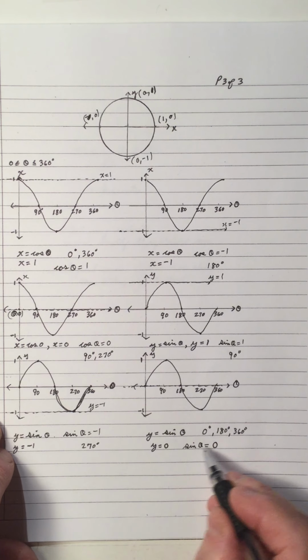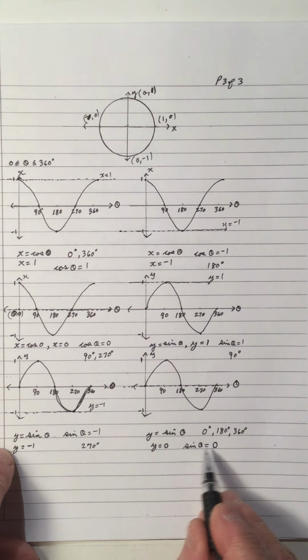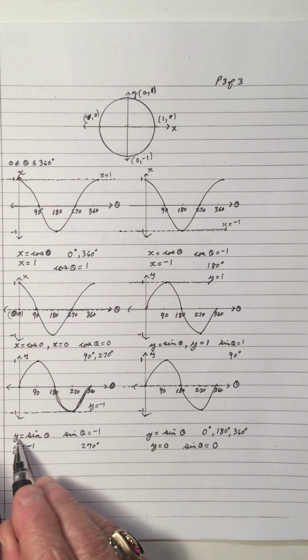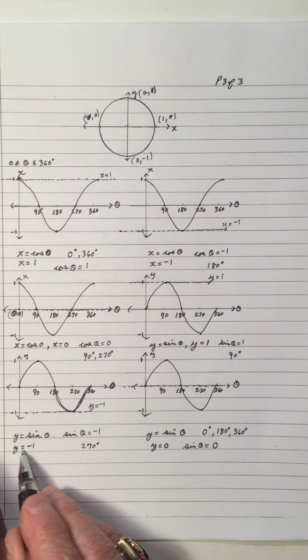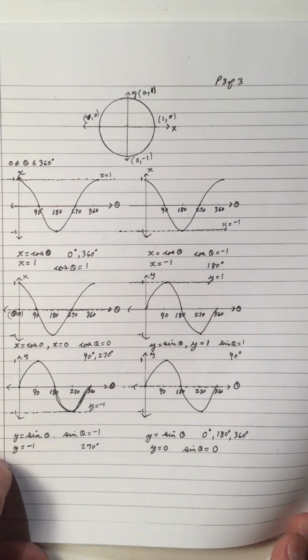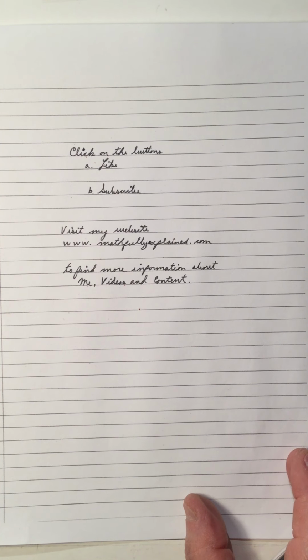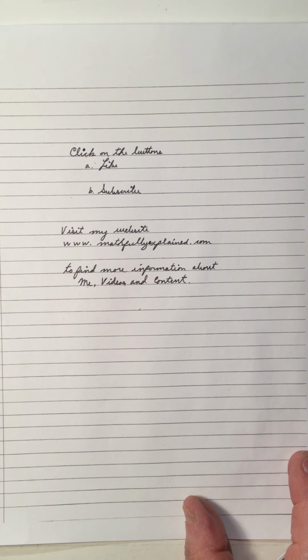I wanted to illustrate that this equation came from these two. And again, this equation came from the graph of sine and the graph of y equals negative 1. Hopefully that explains the intersections on the quadrantals: 90s, 180s, 270s, 360, etc.